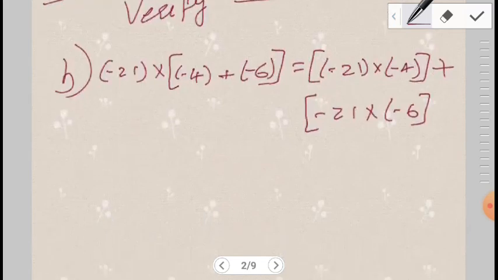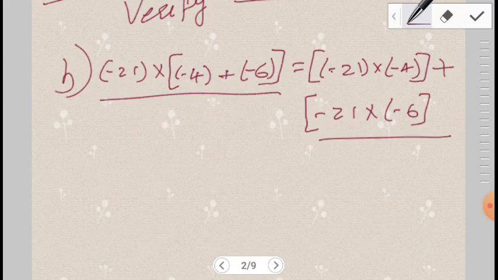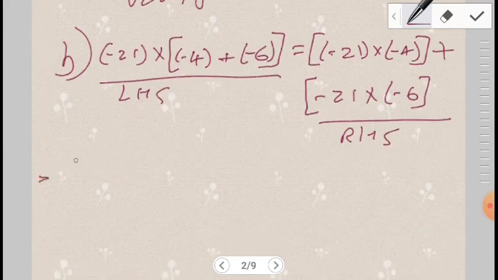Now for the question B, this will be our left side and this will be our right side. So here also minus 21 multiplied by this bracket. So first of all I will solve this bracket.